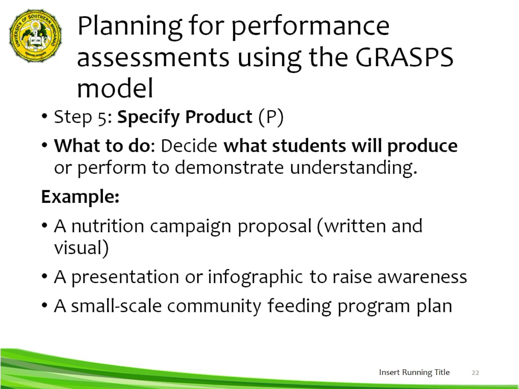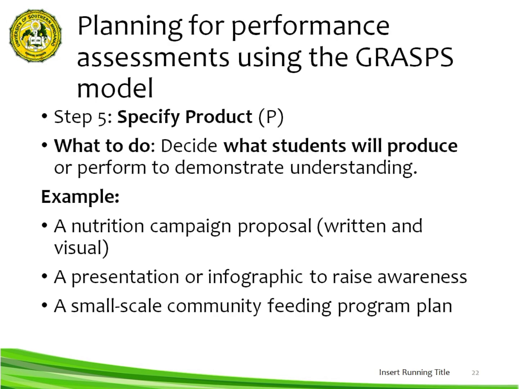Step 5, specify product. This step involves determining what tangible item or performance the students will create or deliver to demonstrate their understanding and skills. So what to do? Decide what students will produce or perform to demonstrate understanding.